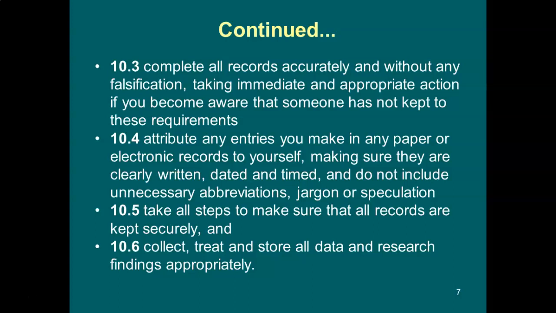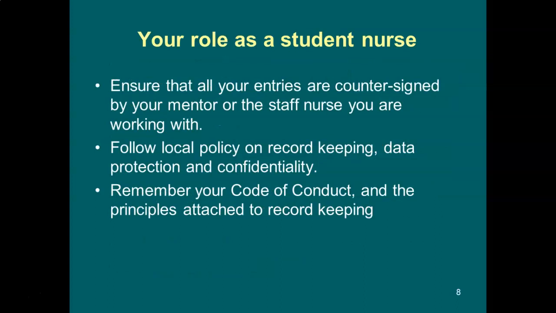So think about confidentiality. As a student nurse, you must ensure that all your entries are countersigned by your mentor or practice supervisor, depending which cohort you are, or the staff nurse you are working with that day. Follow local policy on record keeping, data protection and confidentiality. And remember your code of conduct and the principles attached to record keeping.